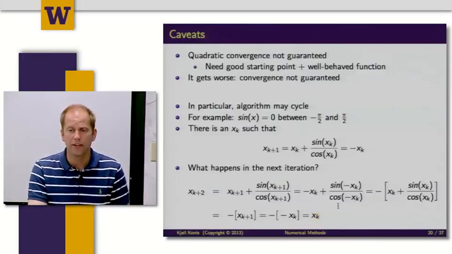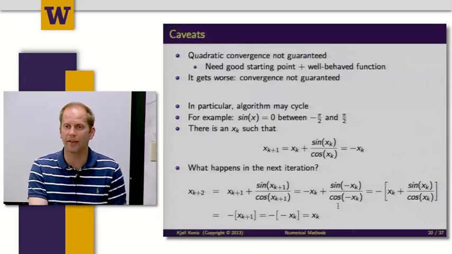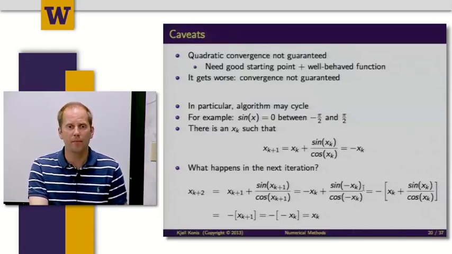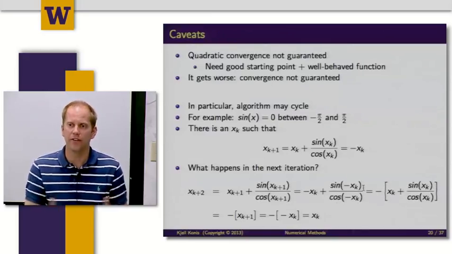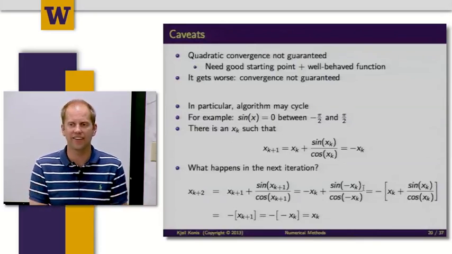So when you see implementations of Newton's method, it always has a parameter called max iter or something like that, and that means maximum number of iterations. Because it has this property that when it does converge, when you get into this interval where you have the quadratic convergence, it's going to converge very fast.